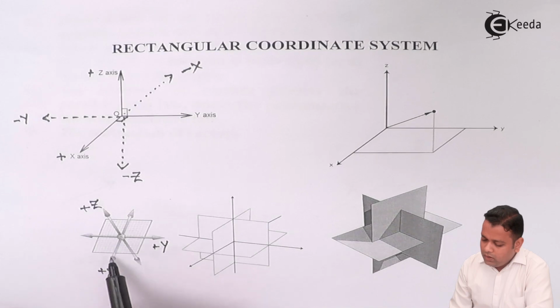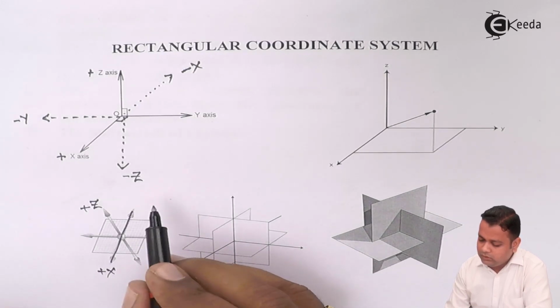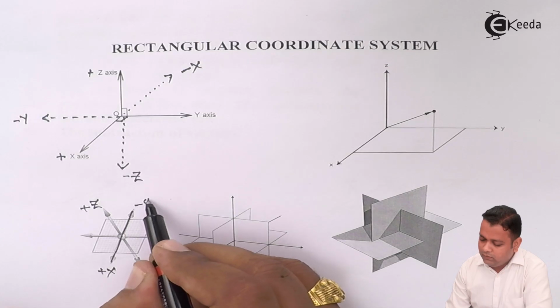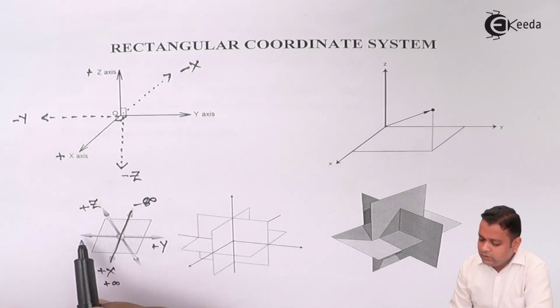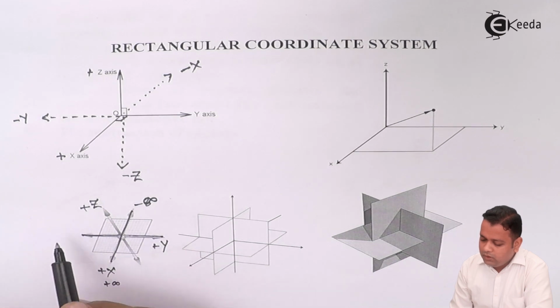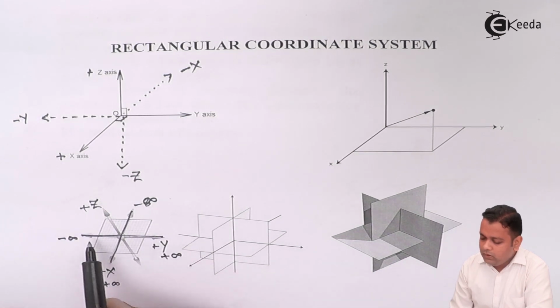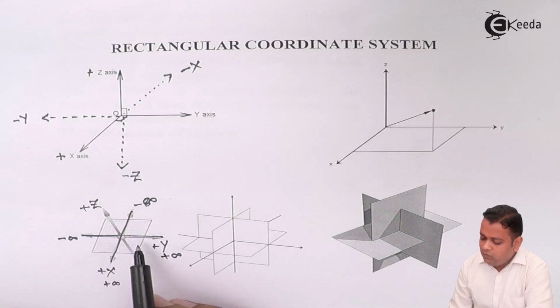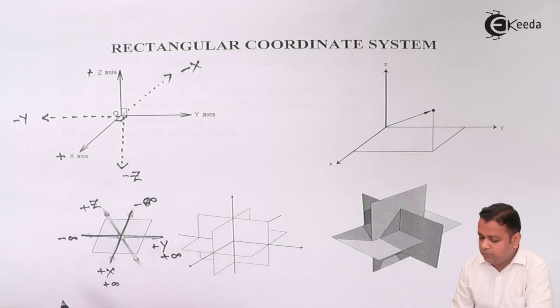So the x-axis ranges from minus infinity to plus infinity, and the y-axis from minus infinity to plus infinity. So the x-axis and y-axis form this plane, and the z-axis is perpendicular to that plane. This plane you can consider a horizontal plane.